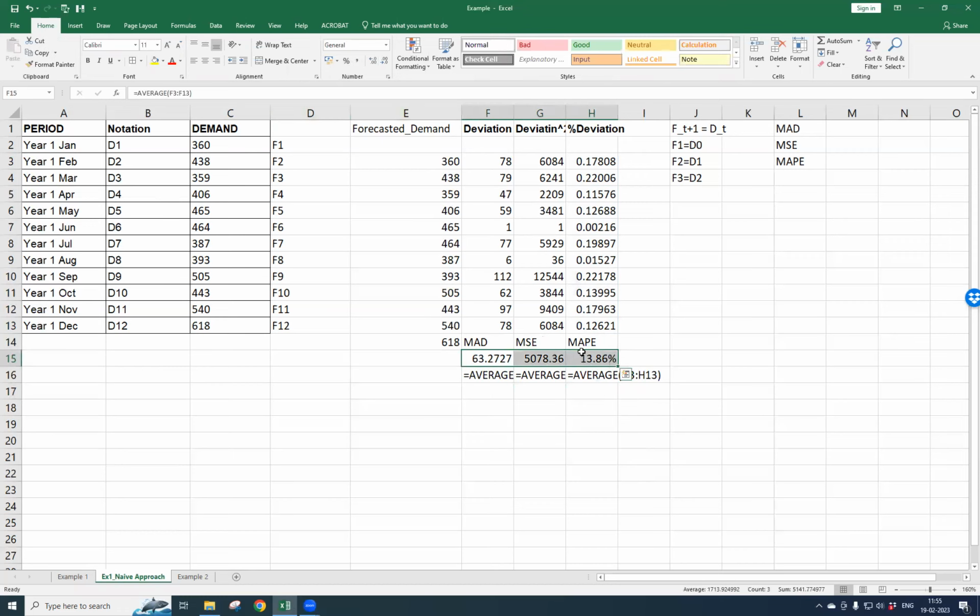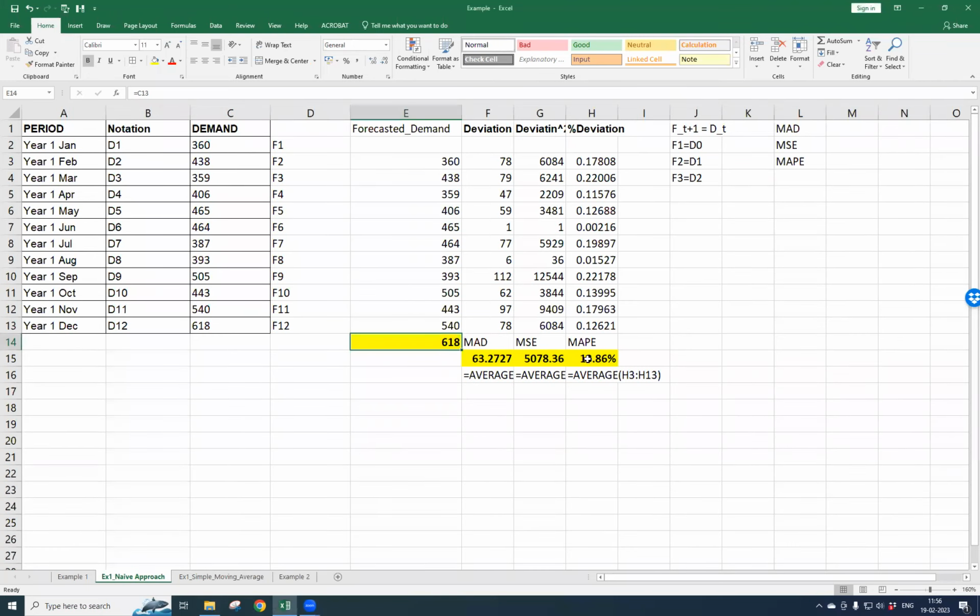Right, so these are the important values for us. And correspondingly, this particular value is also important because this is our forecast for year 2 January. Right, so this is how we are going to do this. Okay, so we have calculated our mean absolute deviation, mean squared error, and mean absolute percentage error like this.